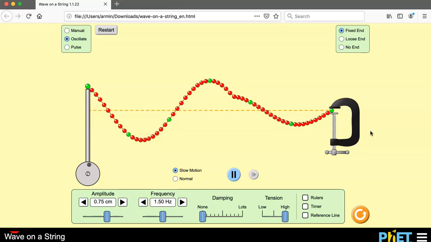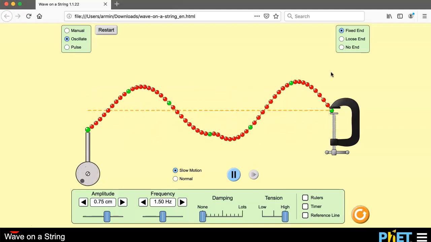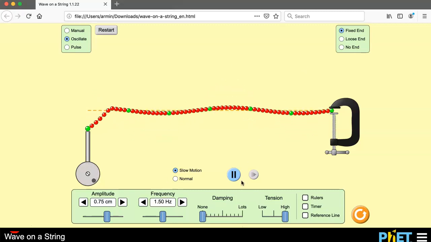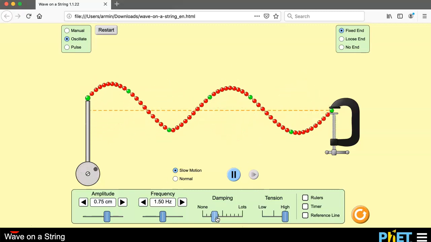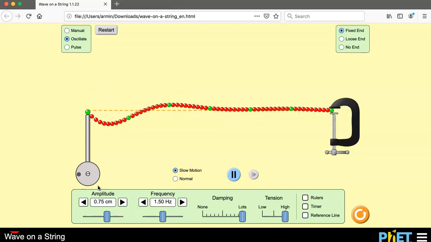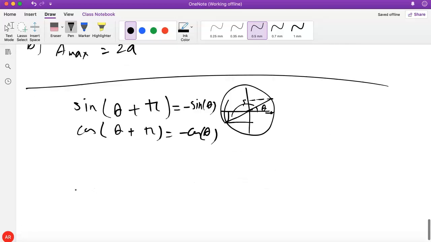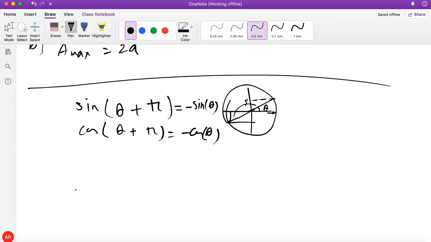So yeah, that point remains as a node, and we can get these complex patterns after many reflections. Okay, so let's stop here, and we'll continue our discussion in the next lecture.